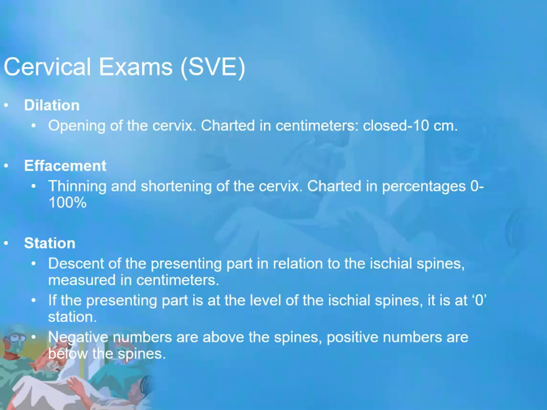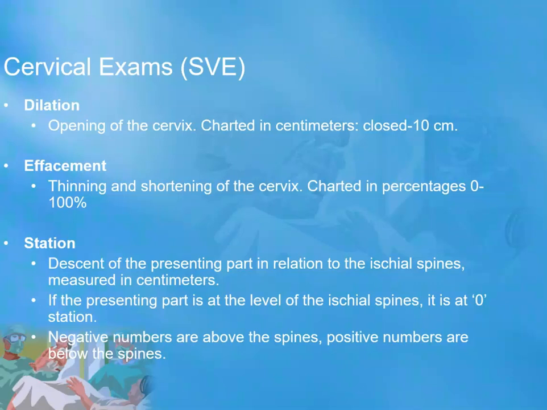But there's other things too that tell us about the progress of the labor, and that would be the effacement. And the effacement is how thin that cervix gets, because the cervix is pretty thick. It's a thick tissue, and it thins out like paper thin.